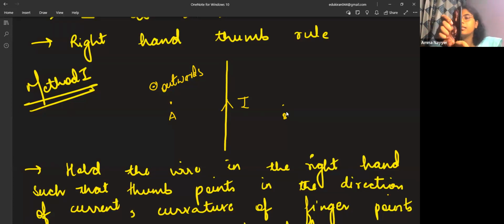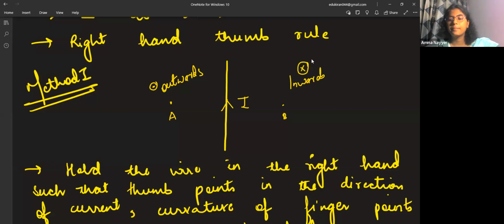Now at this particular point B, I curl my fingers. The fingers are pointing towards the screen, that is, into the page. So this is into the page for point B, and this is out of the page for point A. This is inwards.